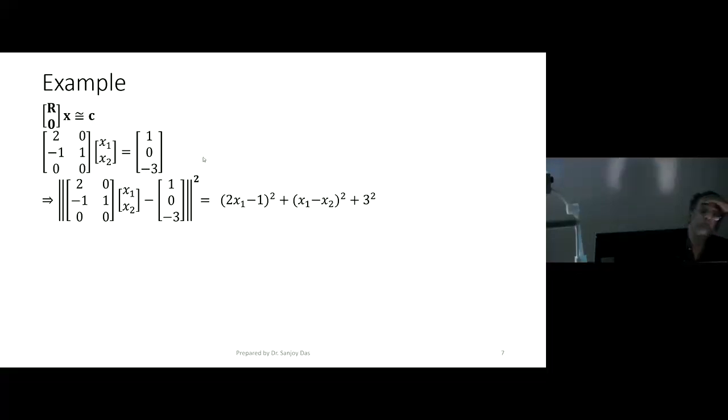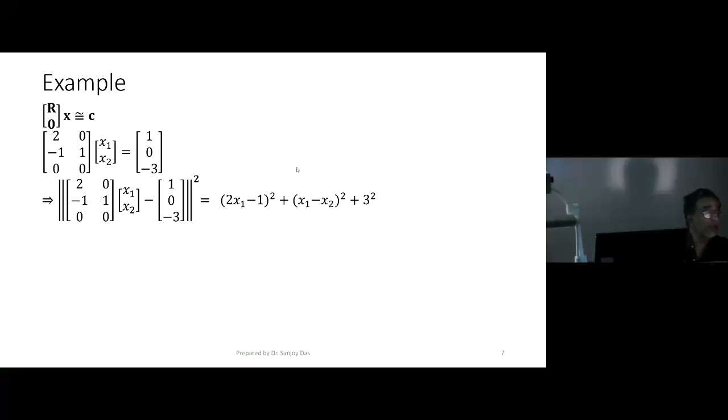Let's look at the min norm solution. I take the Euclidean norm of this vector squared, and that simplifies to this: (2x1 minus 1) squared plus (x1 minus x2) squared plus 3 squared. Where does this 3 squared come from? 0 times x1 plus 0 times x2 minus of minus 3. So the third element is 3 in this vector, so we have this 3 squared here.